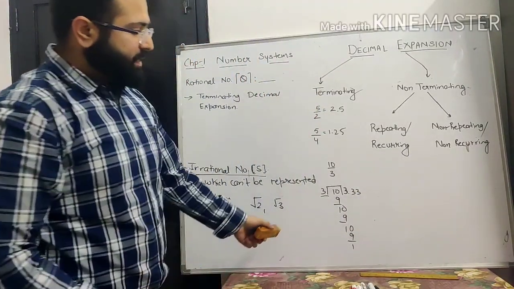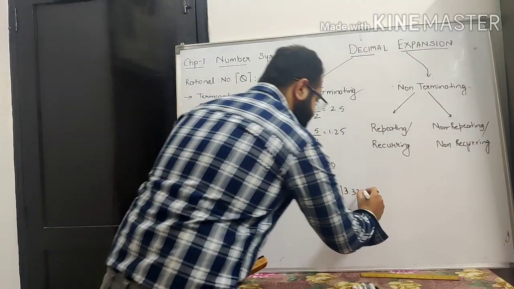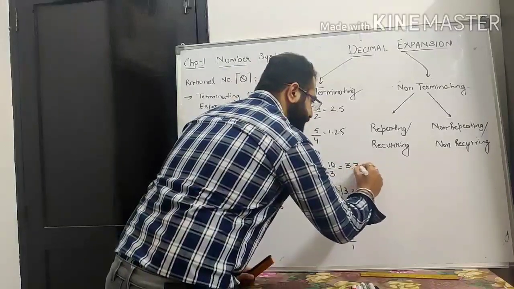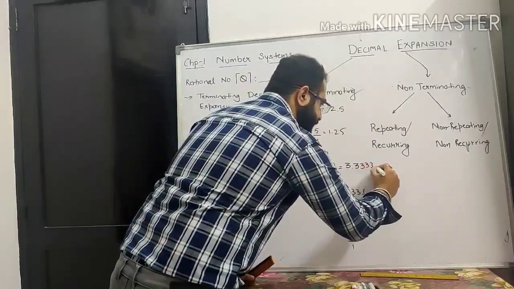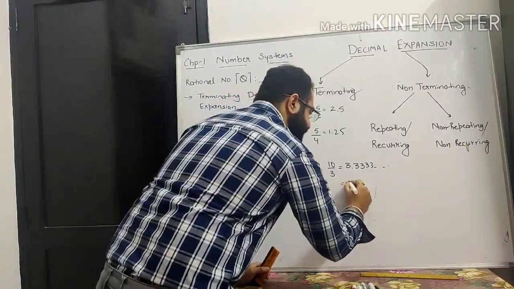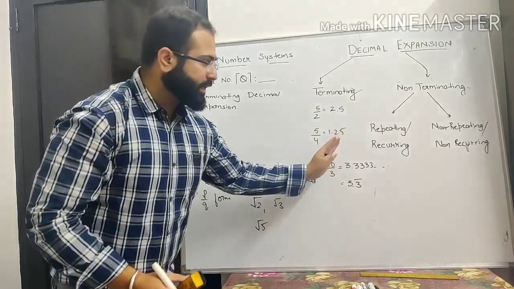As we can see, this decimal expansion does not end, and we get 3, 3, 3, 3, 3 repeating. So you can say that the decimal expansion is 3.333 and so on. For ease, we can write this as 3.3 bar, as 3 is repeating again and again.